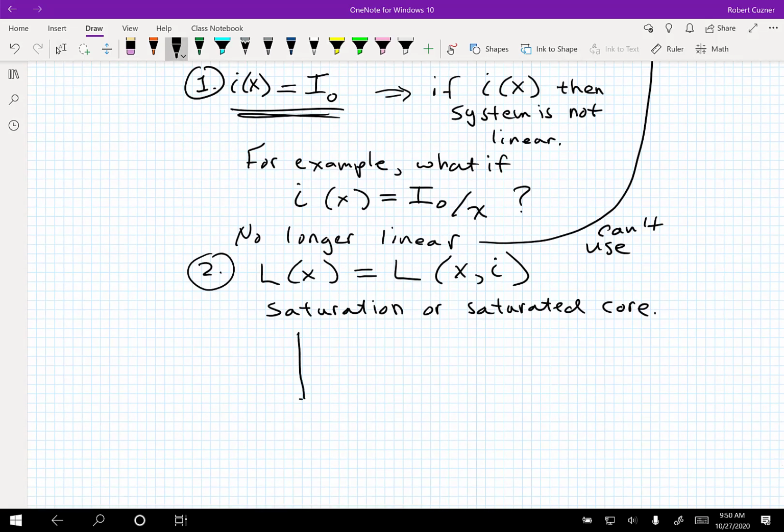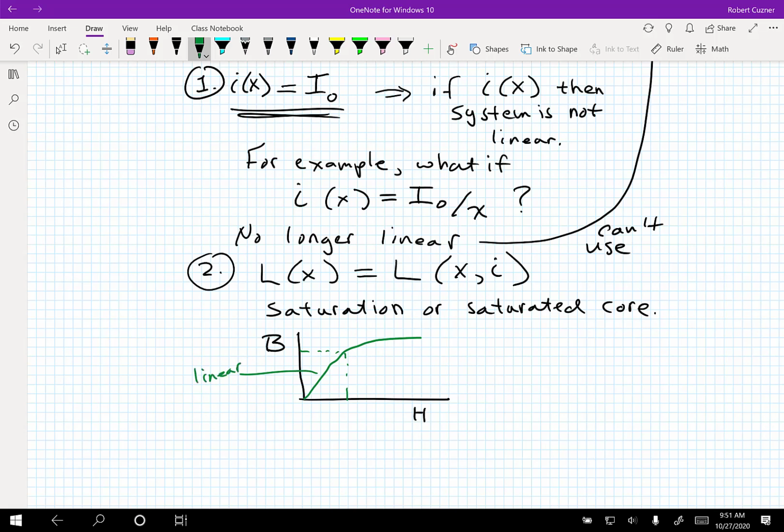In which case, remember you have your B and your H with a core. Let's do our BH curve. Here's the linear region.